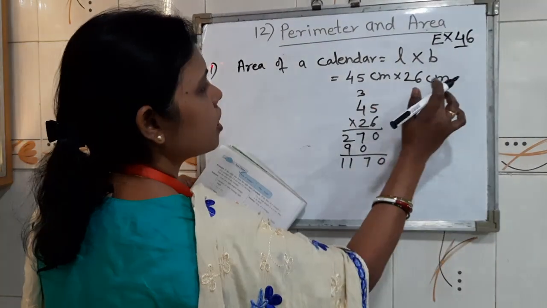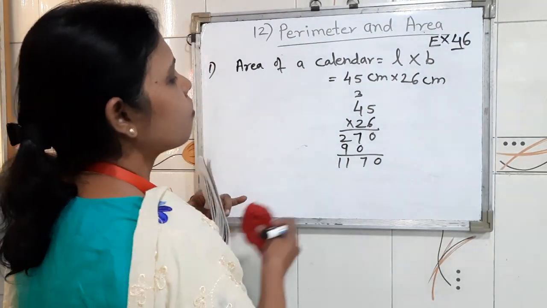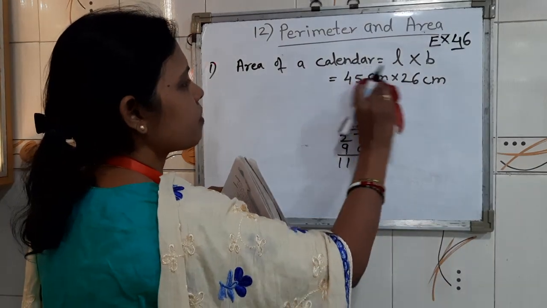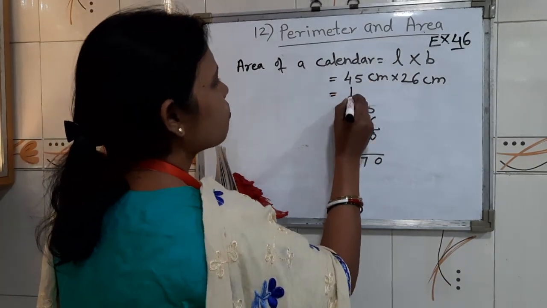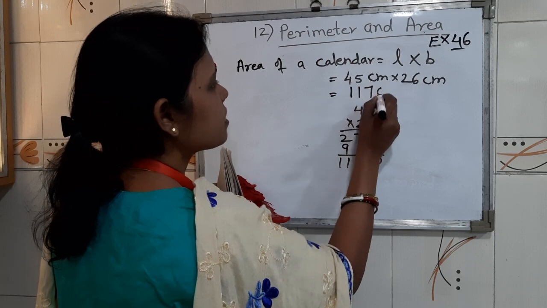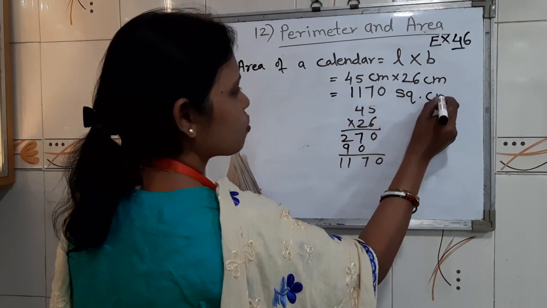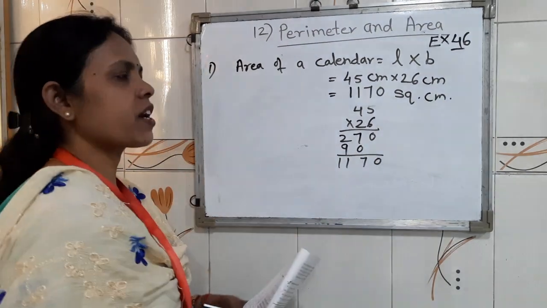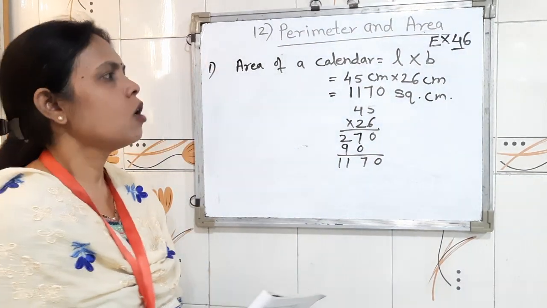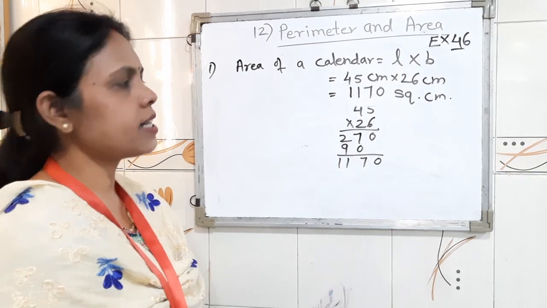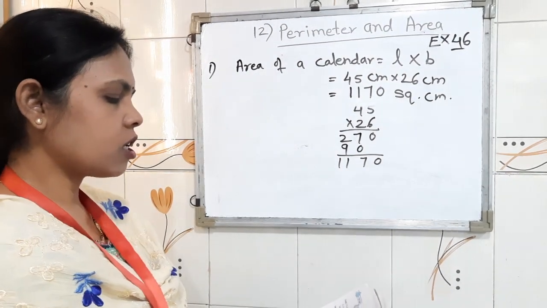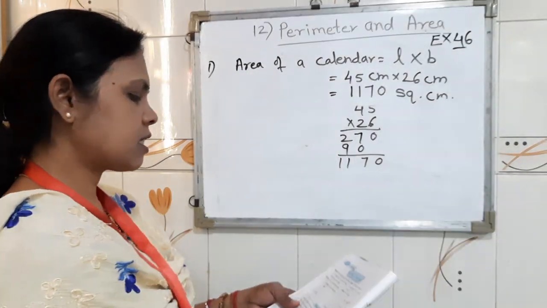So children, our answer is 1170 square centimeter. The area of a calendar is 1170 square centimeter.